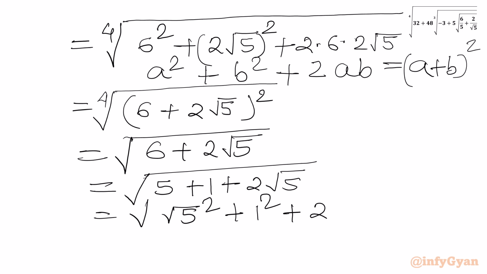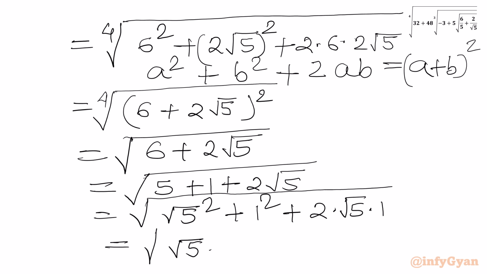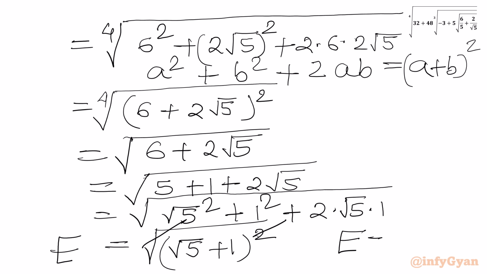Then we can write 2 times square root 5 times 1. A square plus B square plus 2AB. So again we can write this is square root 5 plus 1 whole square. So the square root and square will be over. We will get our expression value as square root 5 plus 1. This is our final answer.